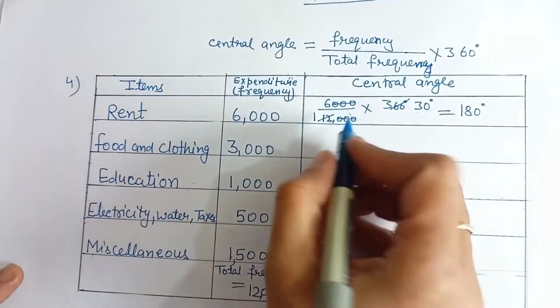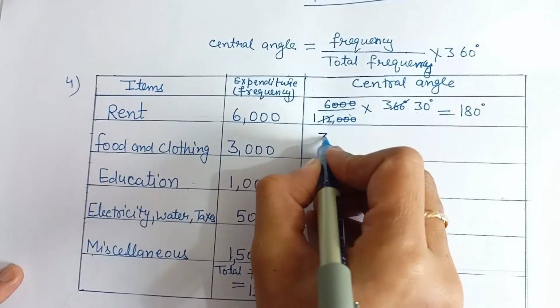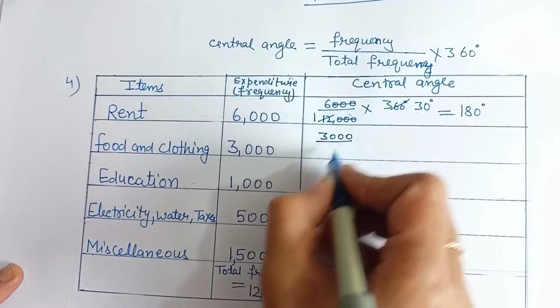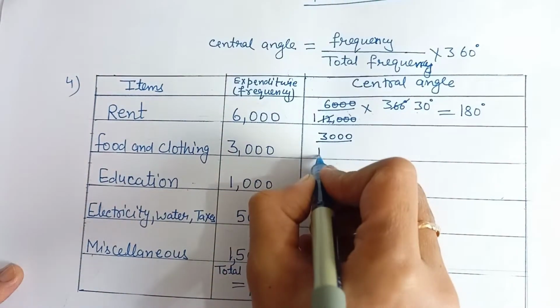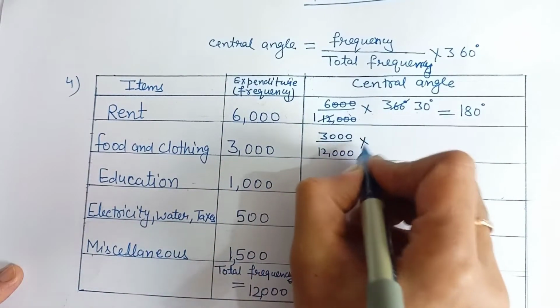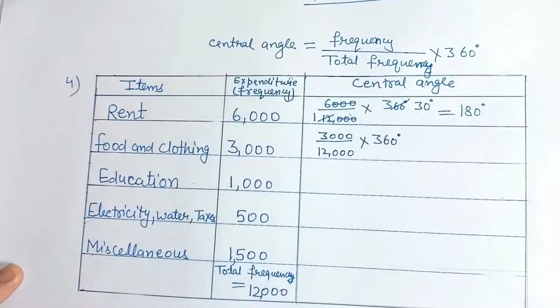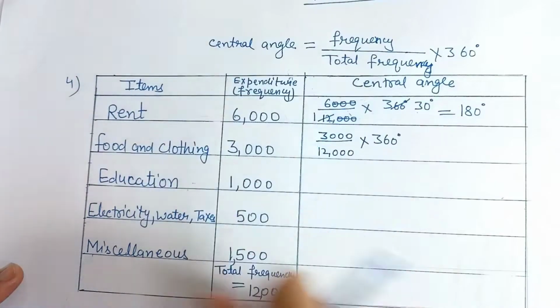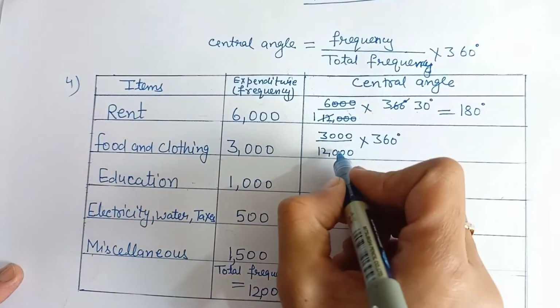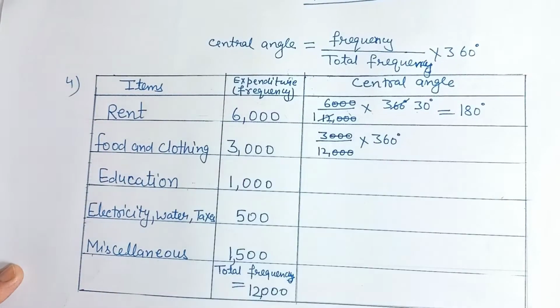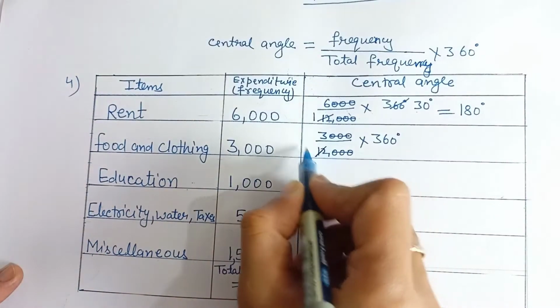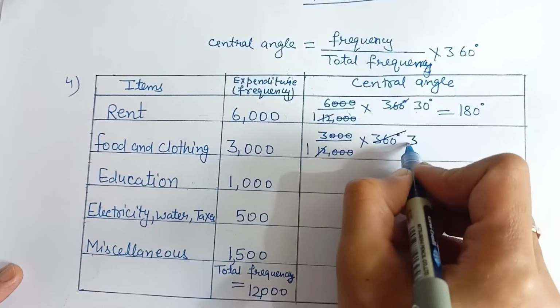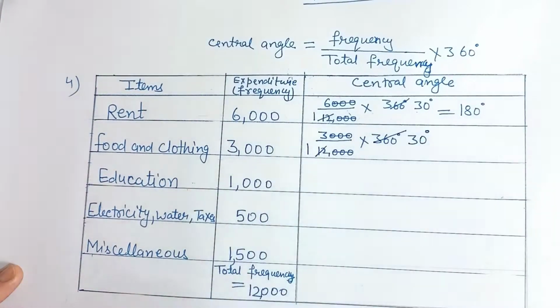Now for food and clothing, what is the frequency here? 3,000 and total frequency 12,000 multiplied by 360 degree. 360 degree because the sum of all the angles in a circle is 360 degree, that's why 360. 30 cancelled with 30, 12 ones are 12, 12 threes are 36, 10 degree.